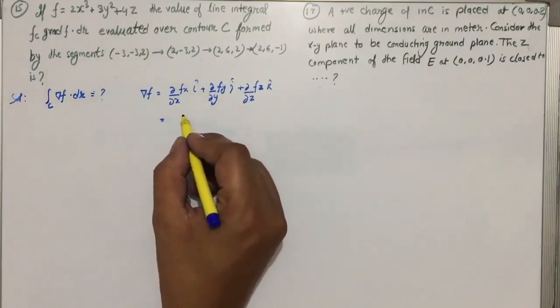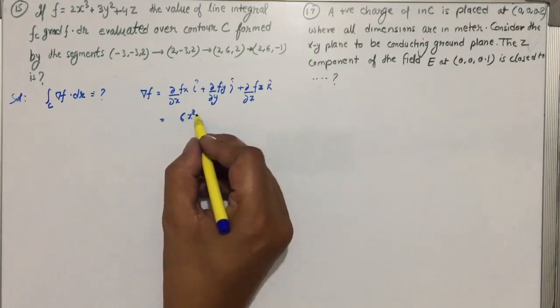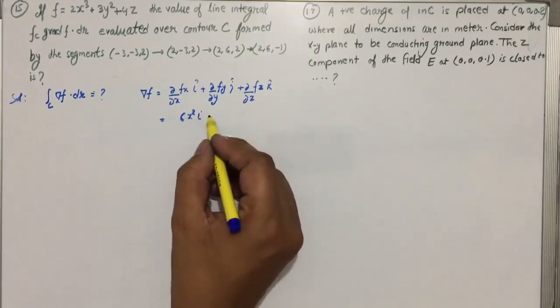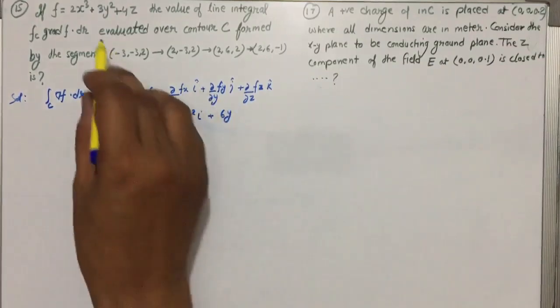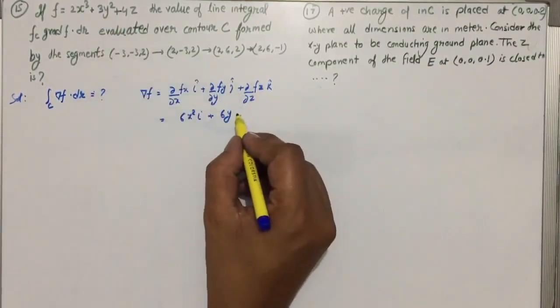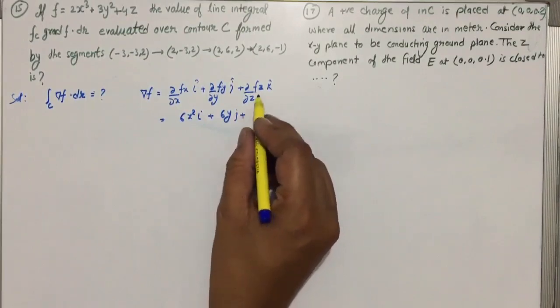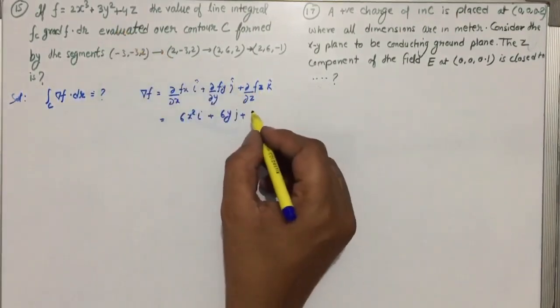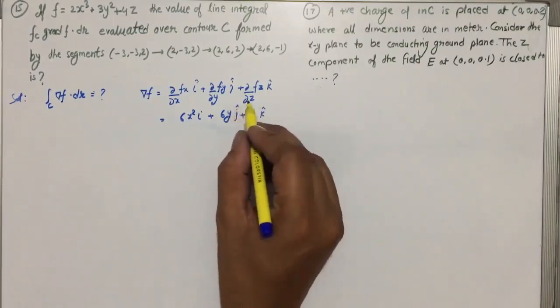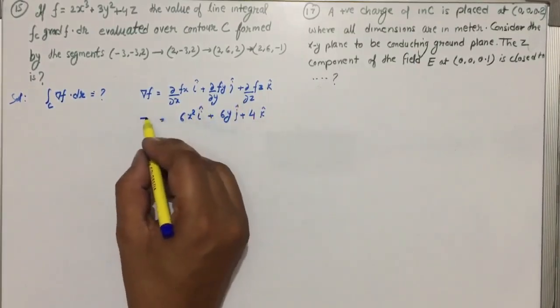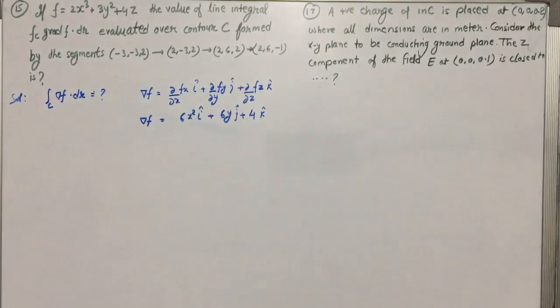From here we can get 6x square i plus 6y j plus 4k. So we have del f.